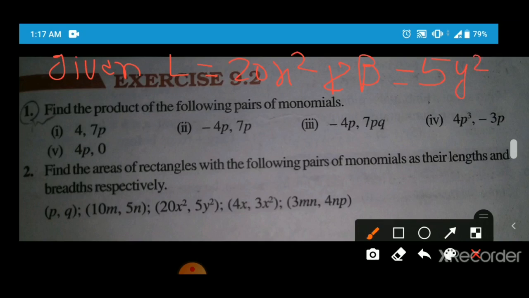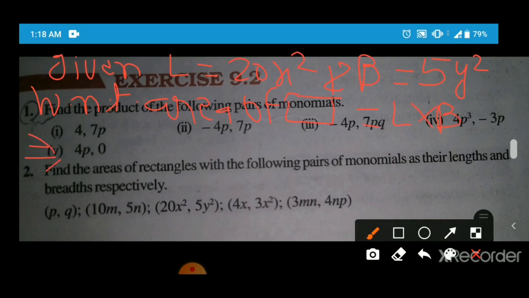On putting these values of length and breadth in the formula of area of rectangle, that we know that area of rectangle is equal to length into breadth.